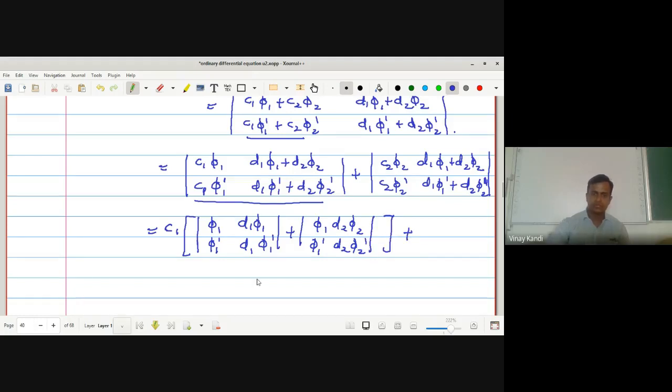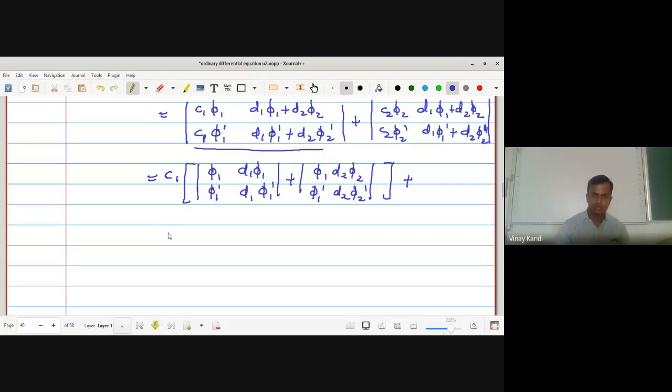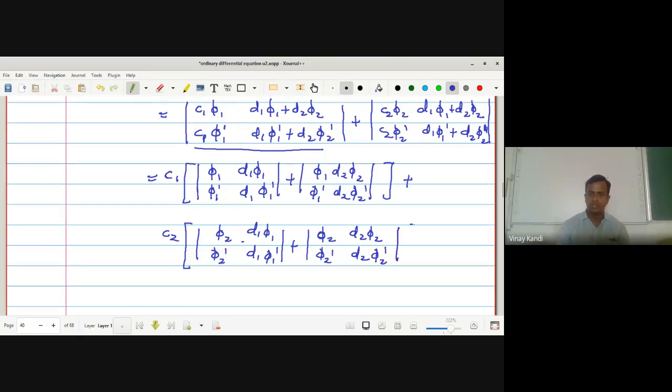Plus c2 common: the first determinant is phi2 phi2 dash, d1 phi1 d1 phi1 dash, plus the determinant phi2 phi2 dash, d2 phi2 d2 phi2 dash. Any doubt? Expand केलं आहे आपण.